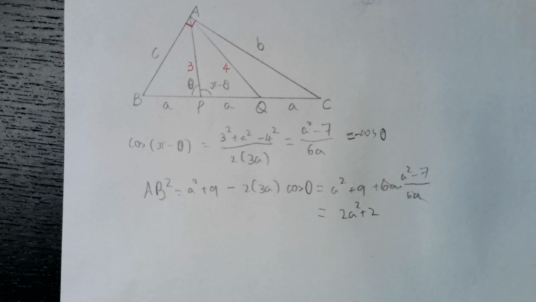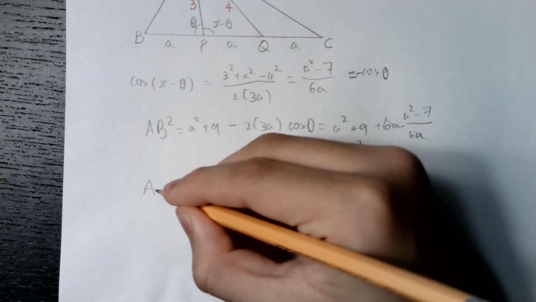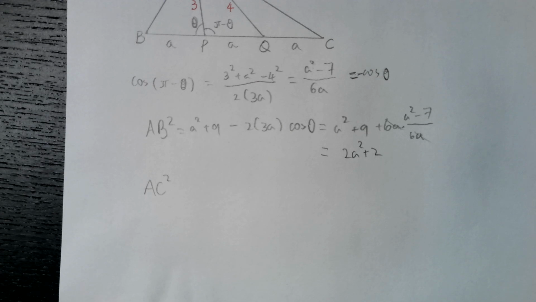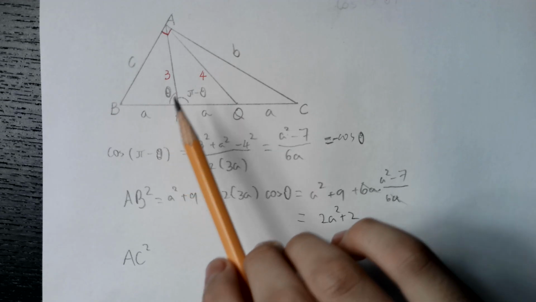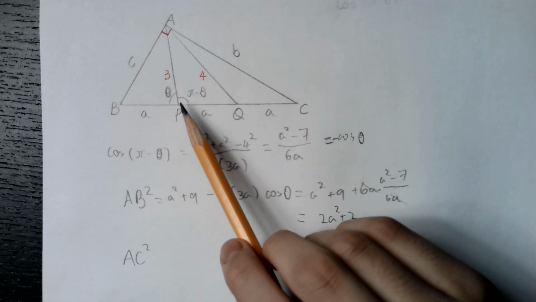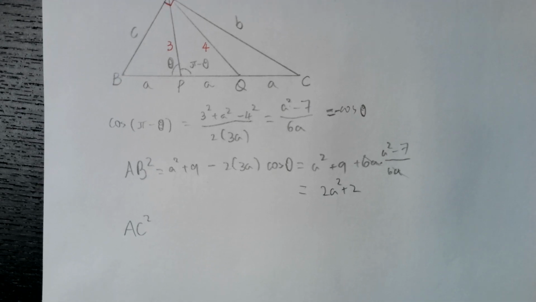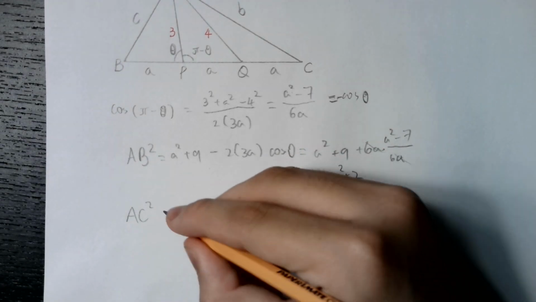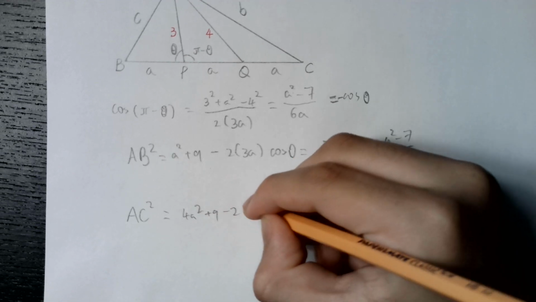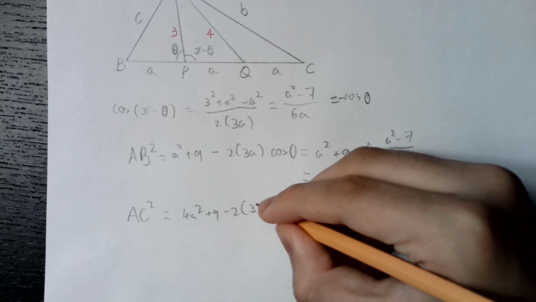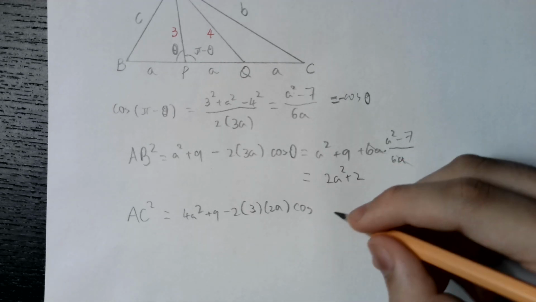Now let's look at AC. Similarly to before, we use cosine law again, except we use 2a here for PC, with PA and AC forming a triangle, and we use the angle pi minus theta. So no more of this negative cosine theta stuff, we can plug it in directly. AC squared is equal to 4a squared plus 9 minus 2 times 3 times 2a, times cosine pi minus theta.